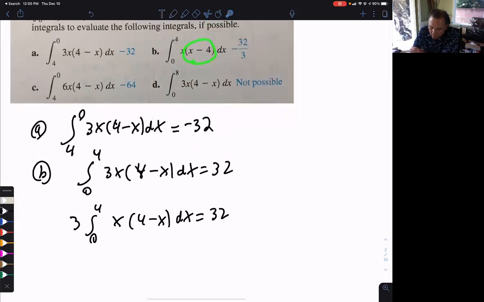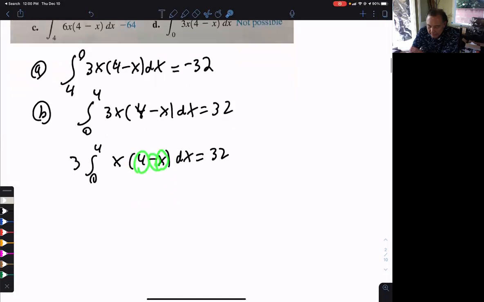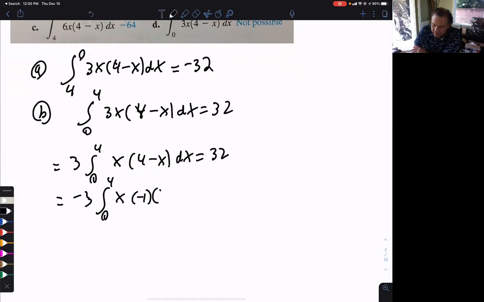That's x minus 4. That's 4 minus x. Those are opposites. How do you know they're opposites? x is positive, x is minus. 4 is minus, 4 is plus. So I can factor out a negative 1 from that. And that becomes x minus 4.